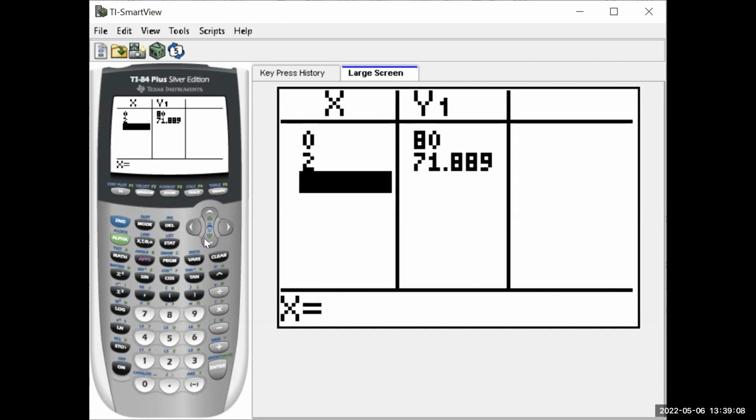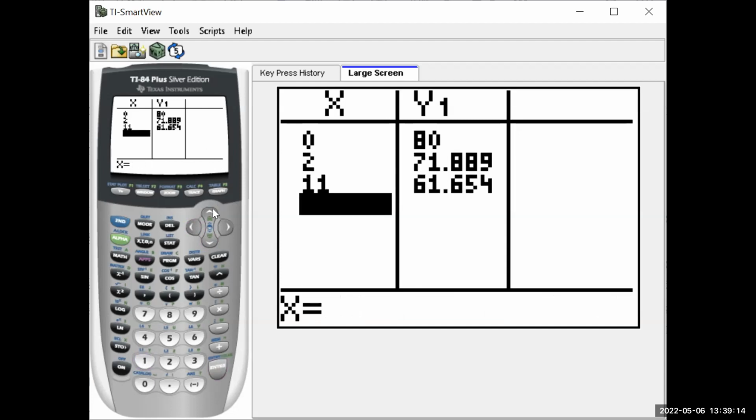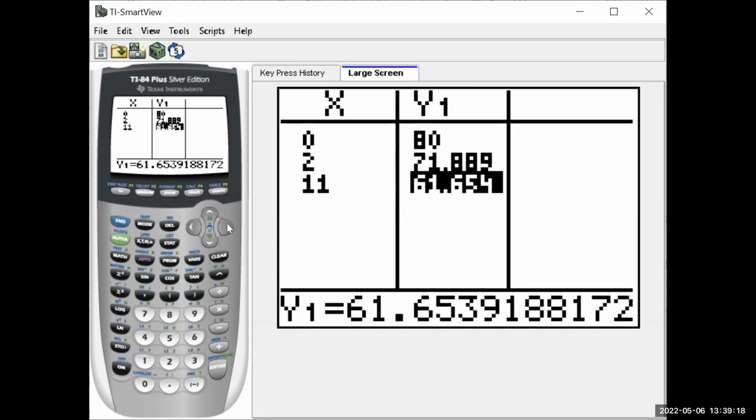And then for 11 months, now you let x equal 11. Enter. And the average is going down because it's basically the same test, and they're testing, do you remember after 11 months, what's the average score based on your memory alone of what you've been taking a test on all semester long? And the average would be 61.65.